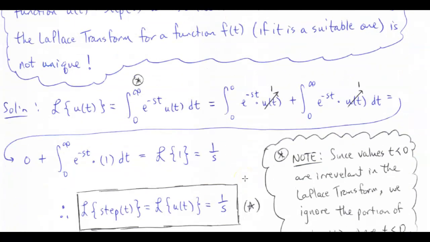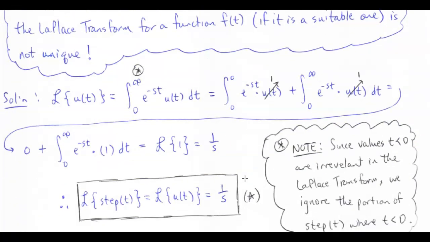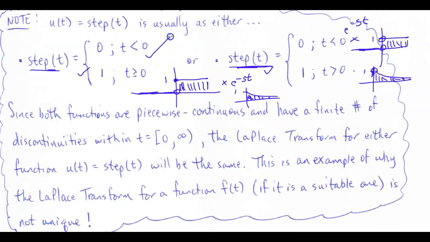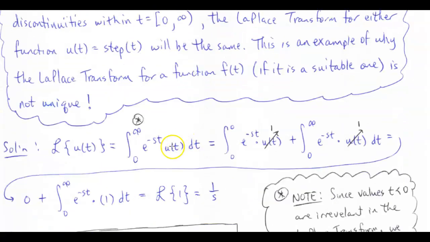So with that, if we look at our solution here, notice that the unit step function was only a non-zero value for values that are 0 and higher. Now I am going to take the approach of using this version of the step function just so that I can show you that this discontinuity here does not contribute to what the Laplace transform of the unit step function would be.